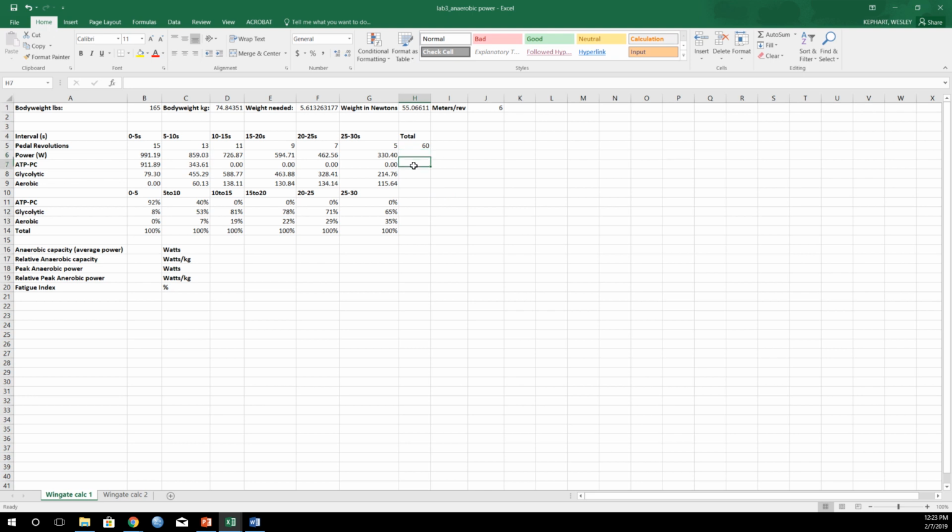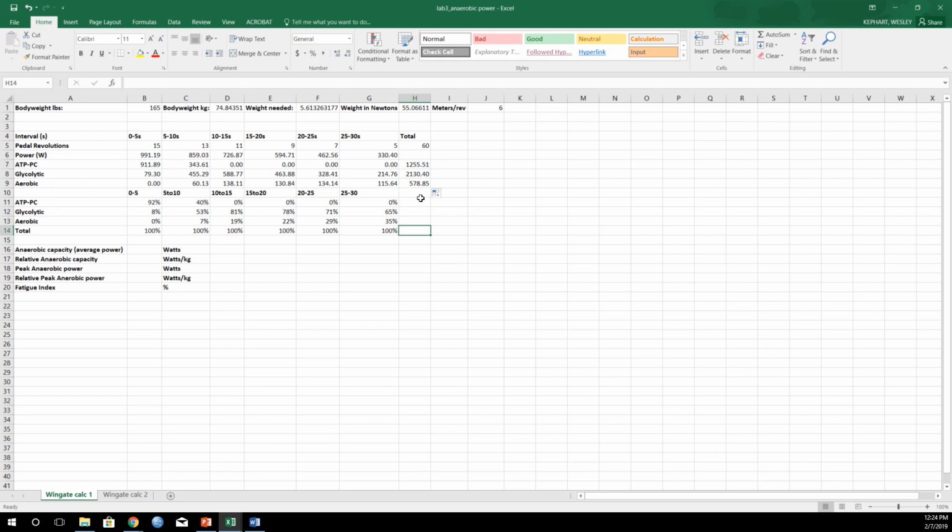So how we do that: equal sign, SUM, open parenthesis, highlight that, close parenthesis, enter. There we go. And then hold it over this little square right here, drag that right on down.